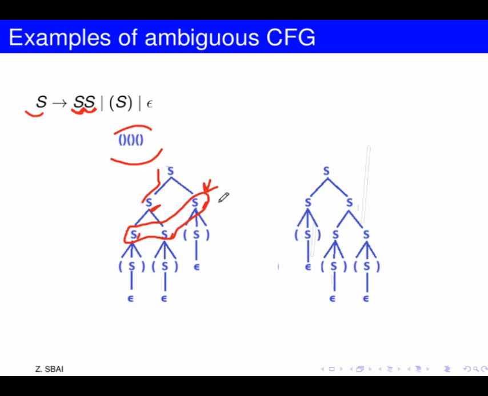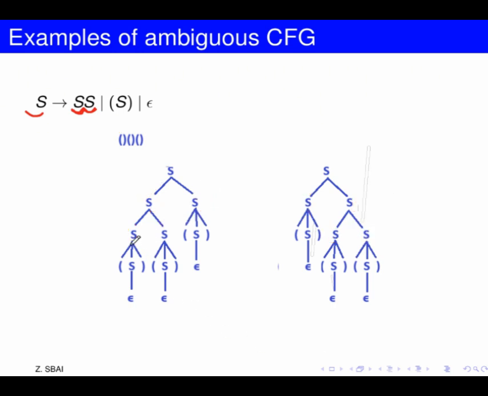The same SSS here may be obtained differently. We may write S is substituted by SS, and then take this right S and substitute it again by SS. So we'll find the same string of non-terminals here, SSS, but in a different way from the first one.